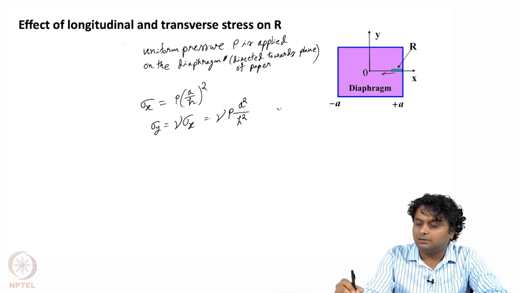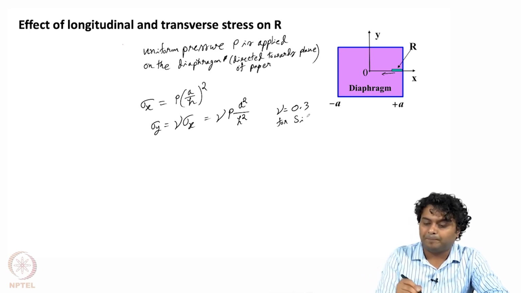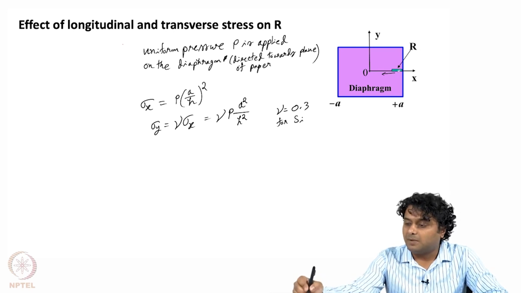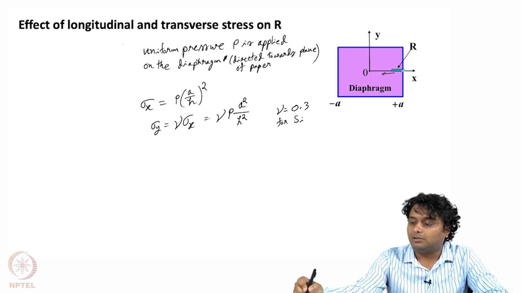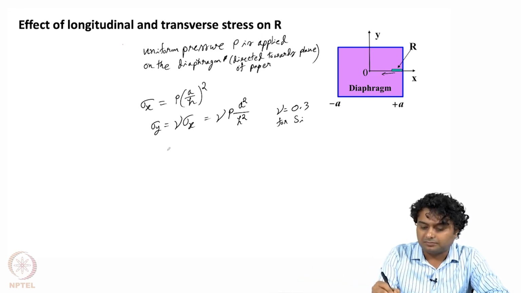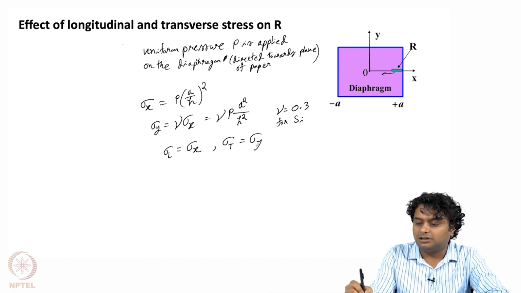Now, nu is 0.3 for silicon. So, if it is a silicon membrane, we can consider nu to be 0.3. Now, this is sigma x, and as you can see, this is the direction of the resistor also. It means it is the longitudinal direction of the resistor. So, longitudinal stress sigma L is equal to sigma x, and transverse stress sigma T is equal to sigma y.